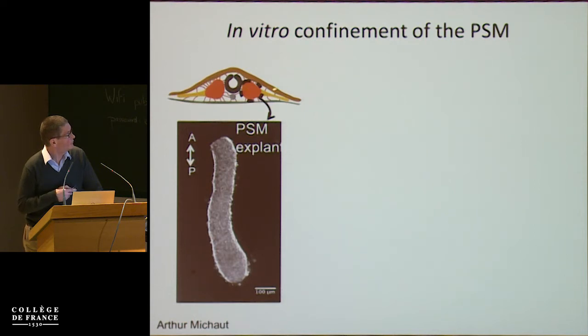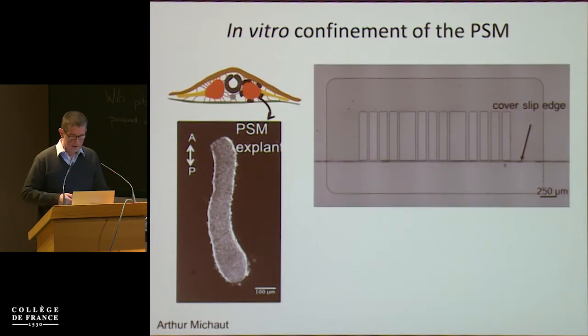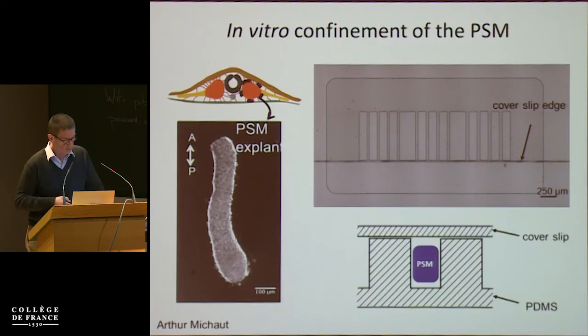Here you see a section of an embryo at this level. So this is this tissue here, and which forms these long mesenchymal strips of about 1 millimeter, a bit more in length. And he engineered a system of micropatterns, which are PDMS gutters of a width which approximately corresponds to the presomitic mesoderm, and in which he could introduce the presomitic mesoderm and look at their behavior.